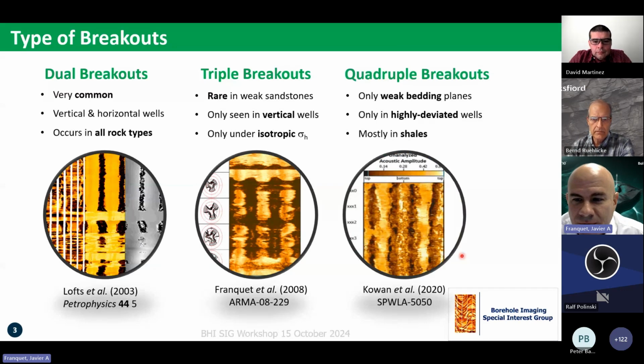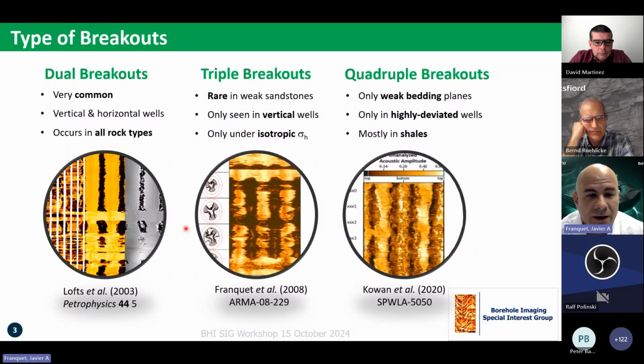So these are irrefutable evidence. Today we have magnificent borehole images that let us acquire this borehole-induced failure. The most common ones are the dual breakouts. They happen almost everywhere, in different rock types, in soft rock and in hard rock. They happen in vertical and horizontal wells, and they are very well studied.